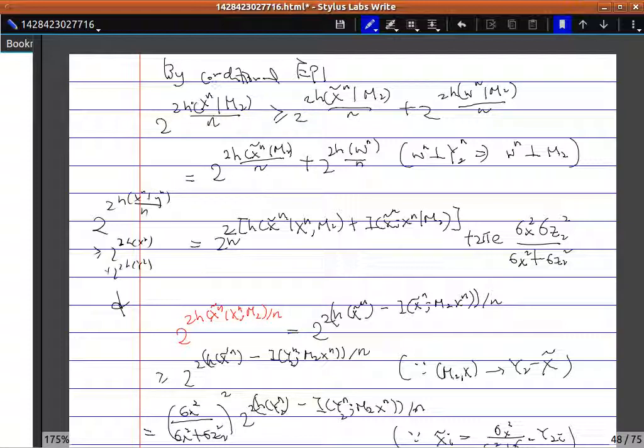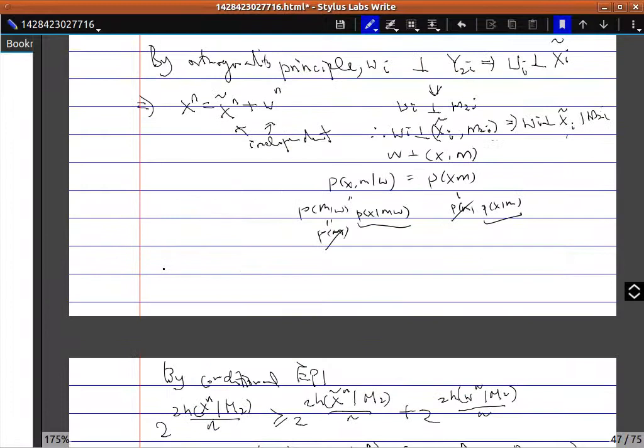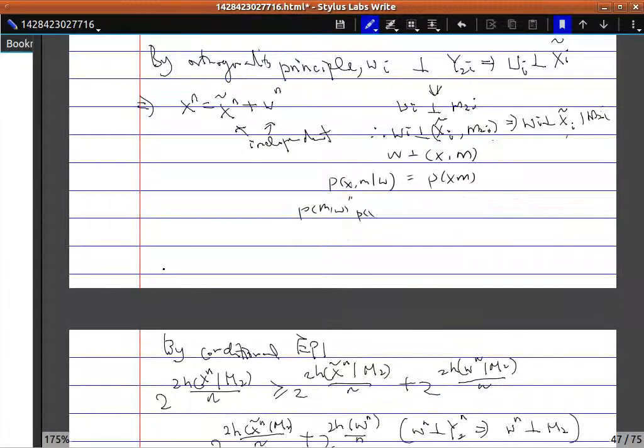In this case, if we have conditional independence, we just condition each of the entropies here.